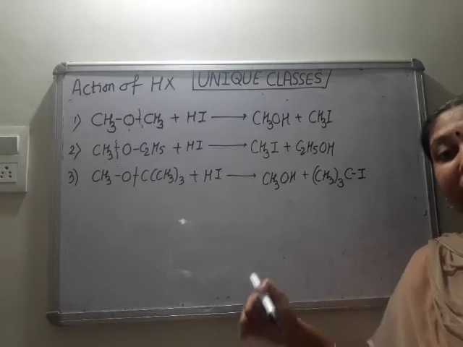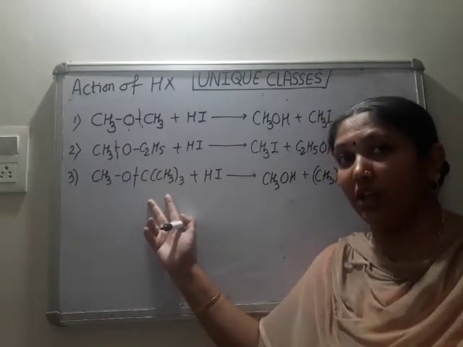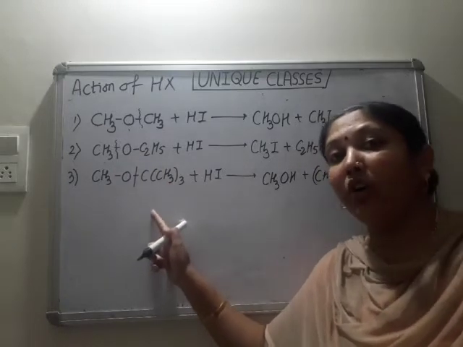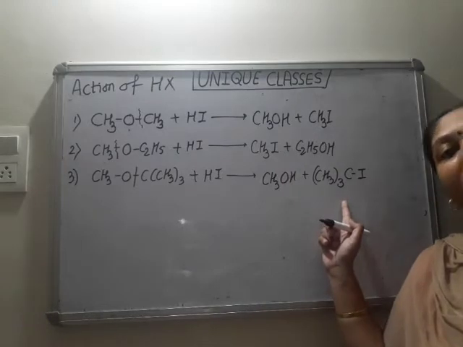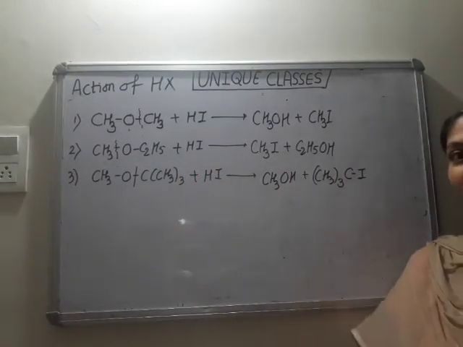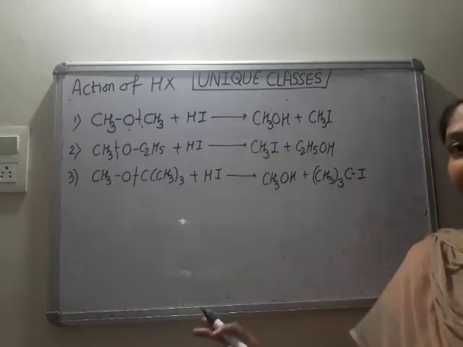And in that, if one of the alkyl groups is tertiary, though it is larger, it forms iodide or halide and the other group forms alcohol. Clear? This is action of cold HI.